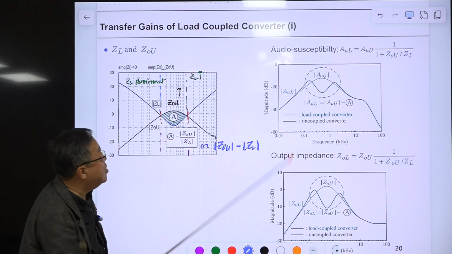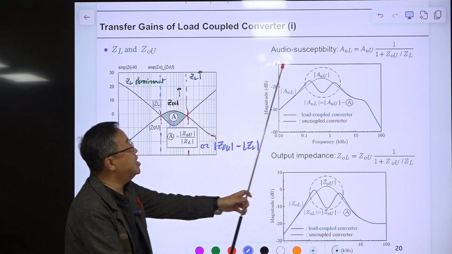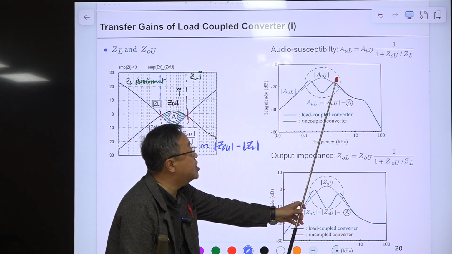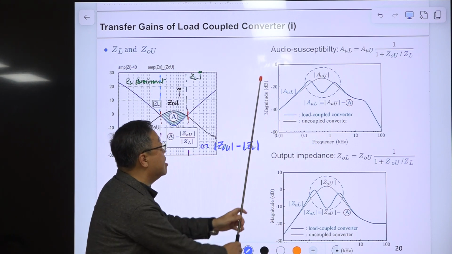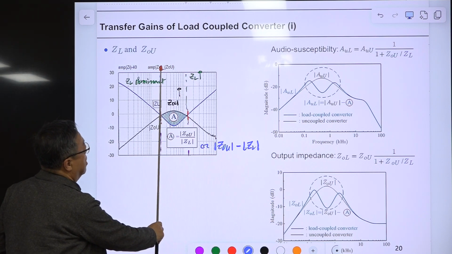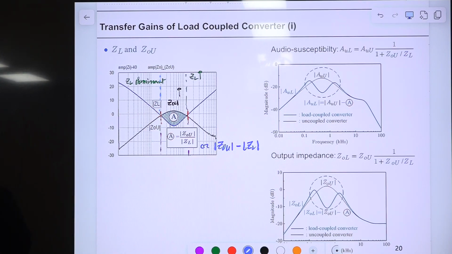And there is some deviation in between, and there is a peaking. There is a small peaking. We can predict this peaking, and the frequency of the peaking is the same as this frequency. Maybe this we denote as G1, omega 1, omega 2, and this frequency is omega 1, omega 2.